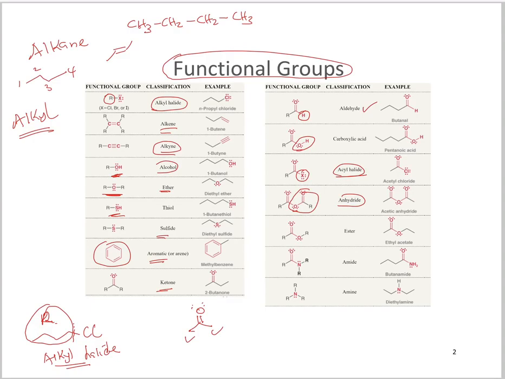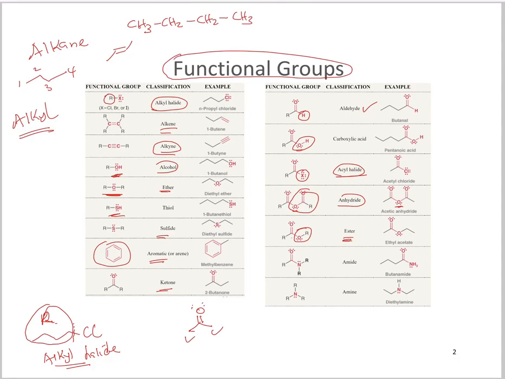So anhydrides refer to an oxygen that is flanked by two carbonyls. And then we also have an OR replacing the carbon of the ketone, so we're going to call that an ester.